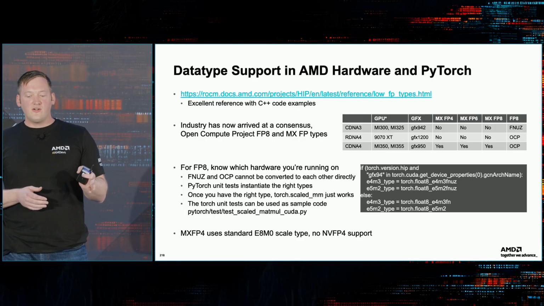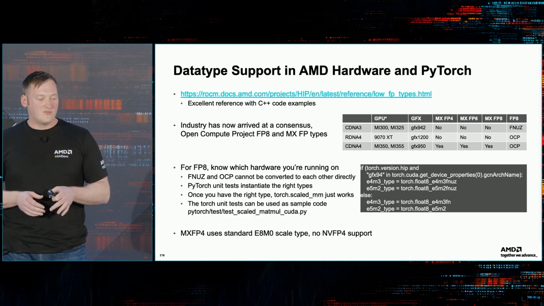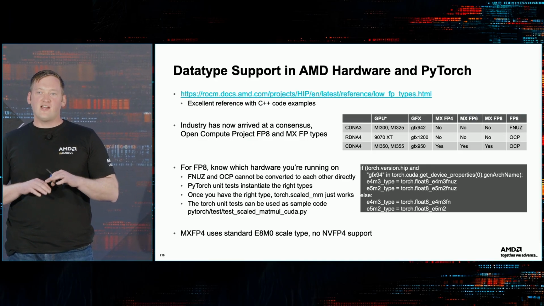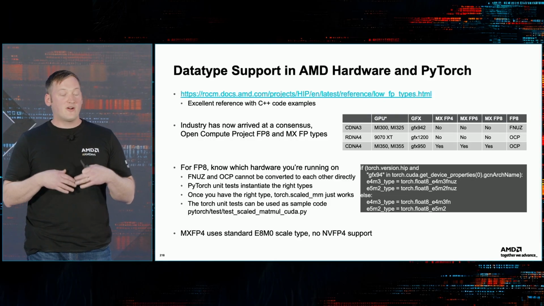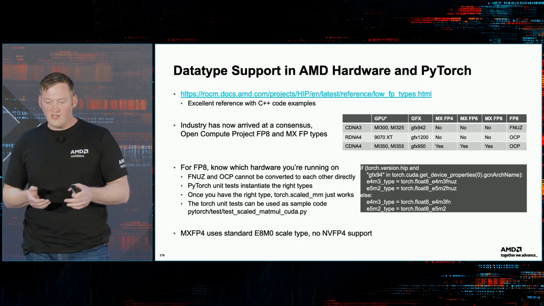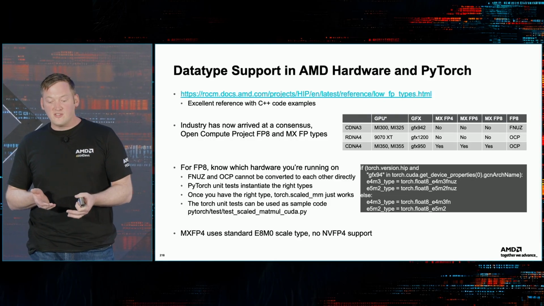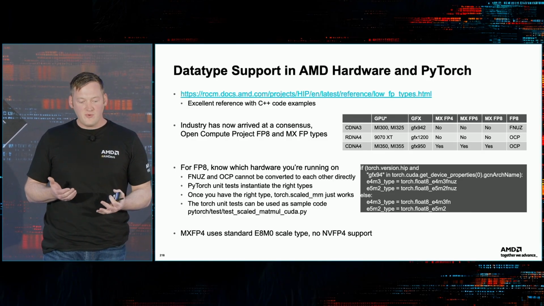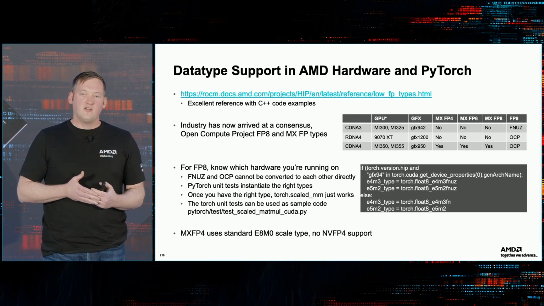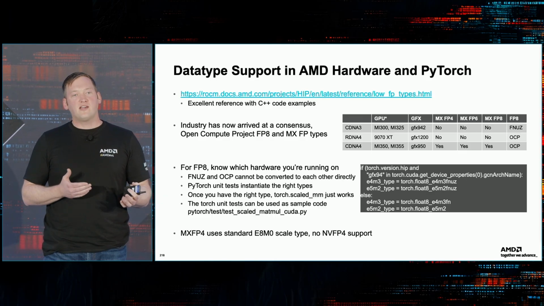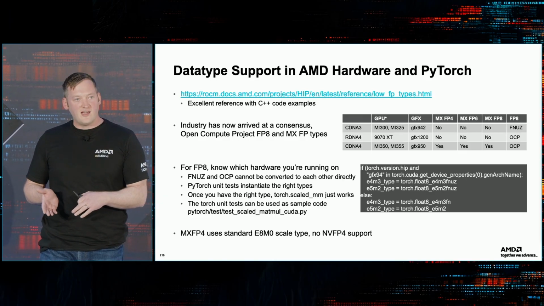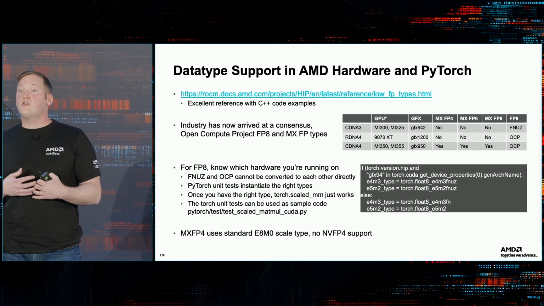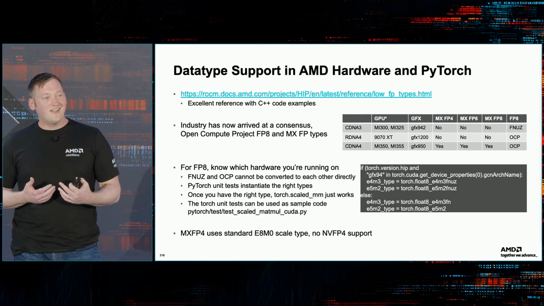So a quick note on scale types. Driss mentioned E8M0. This is the standard scale type as part of the OCP standard, and this is the one that the MI355 uses. MI355 does not support any non-standard type for that scale factor. But I want you to be assured that in the PyTorch CI, in the unit tests that run every time there's a commit to PyTorch, we do have MI355 supported in CI today.